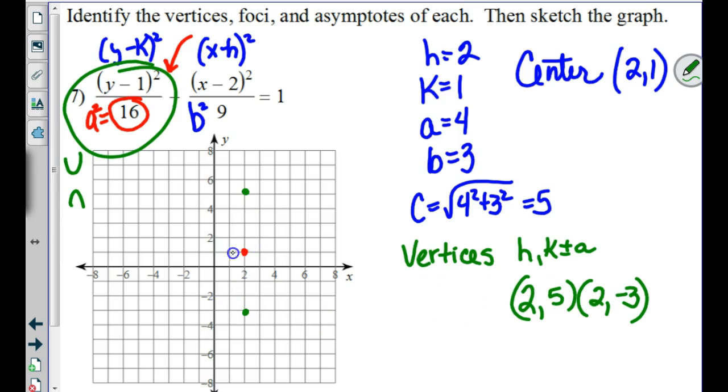All right, how far do we go out either way? Do we have to be accurate about how far we go out either way? Yes. Okay. And it's 3 because it's B. Those don't have a name, but they're what helps us draw the box accurately so that we can draw the asymptotes accurately that are the diagonals.